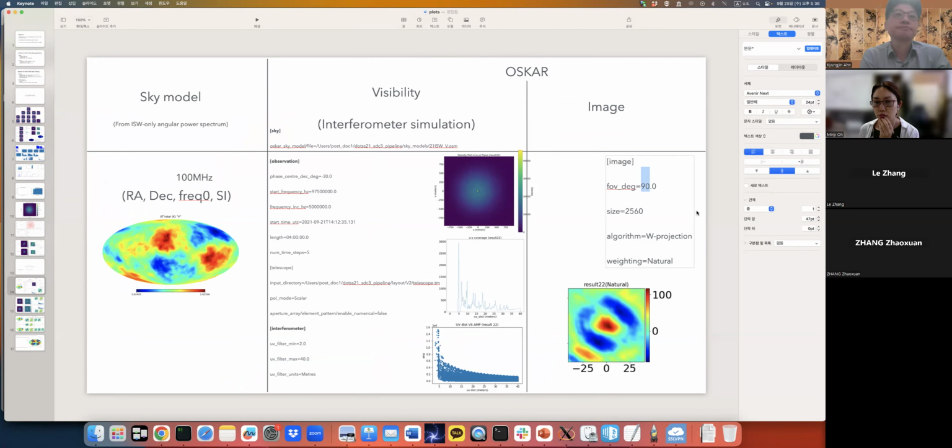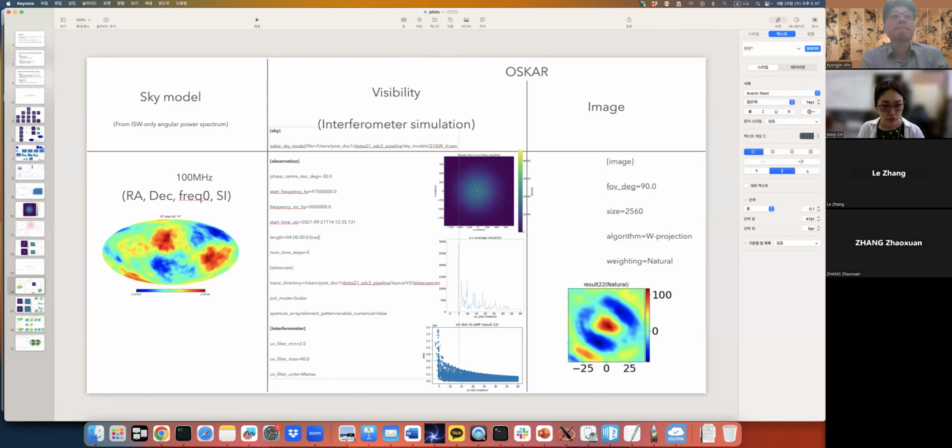Here the field of view is, I'm confused, because in the middle panel you said the phase center is -30 and the length is 4 hours duration, right? Observation. Right. That means it's just a small patch of the sky, because this is a drift scan? It's a fixed pointing, tracking, not drift scanning.